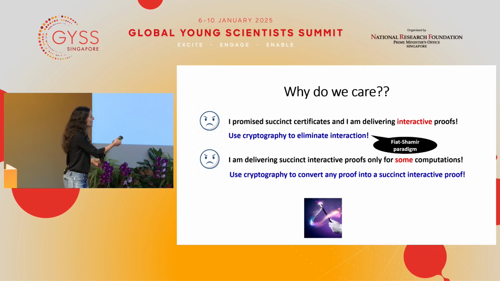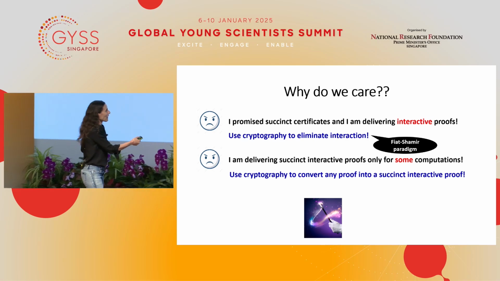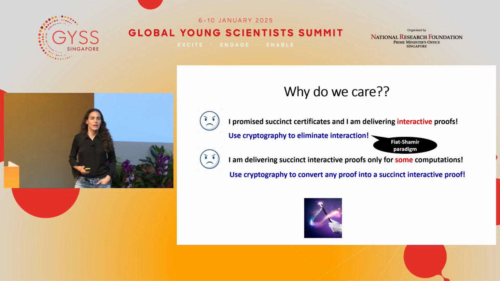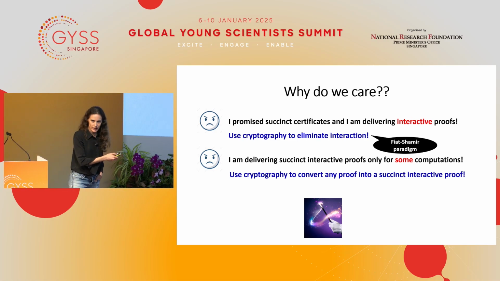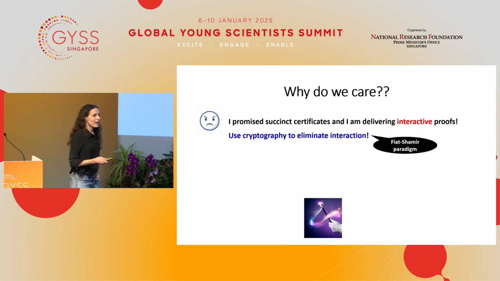Okay, and by the way, eliminating interaction is done by a beautiful paradigm, again by Fiat and Shamir, and I'll talk about it in a minute. The second point here, I'm not going to talk about today. I'm only going to talk about the first point.